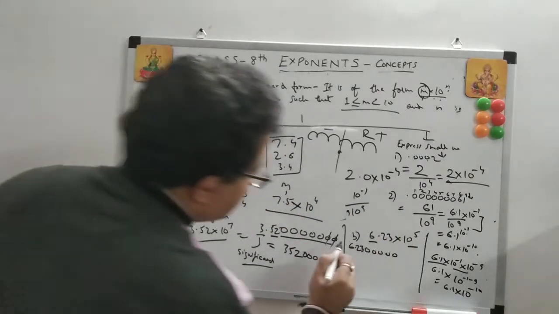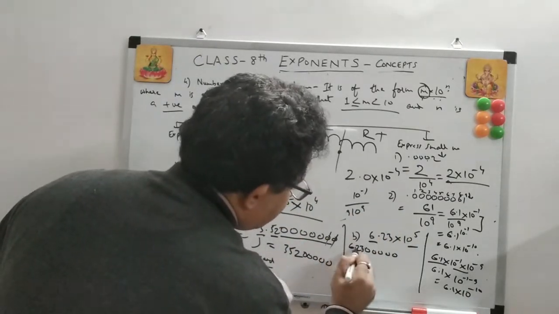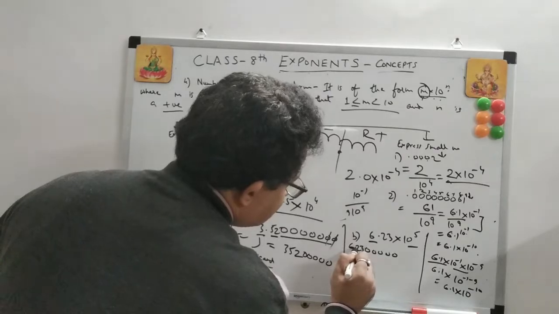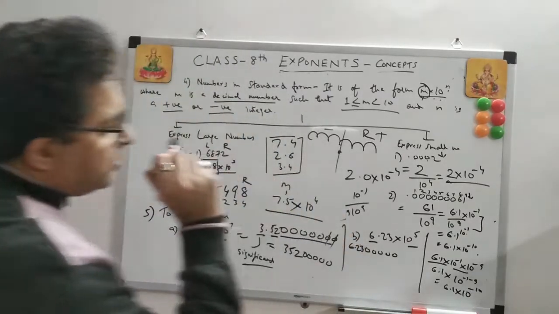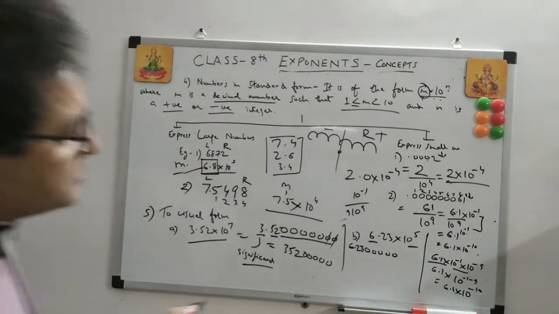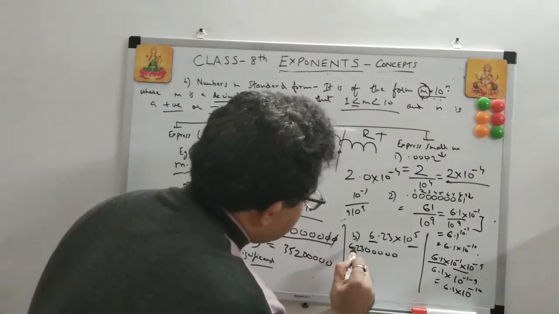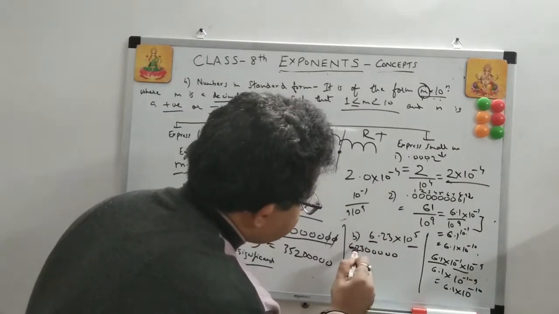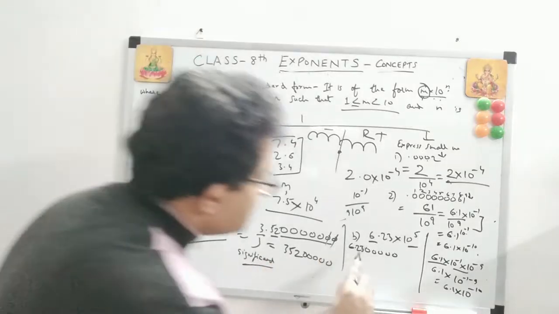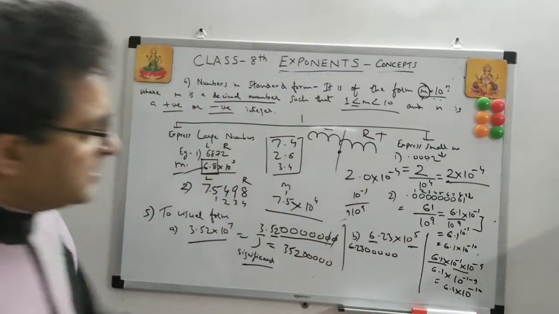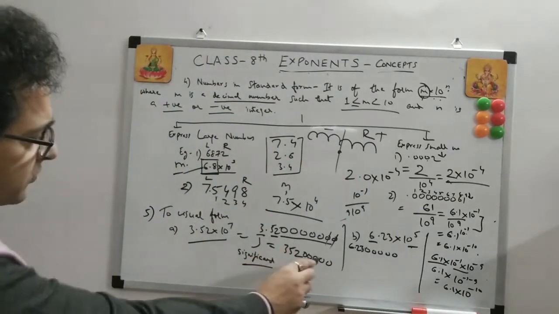Now this is the significant. So you have to take what is after the significant. This is the decimal point. Now count the trailing zeros which are to the right of the decimal point. You just put that number of zeros. This is the first step. The same thing I did over here.